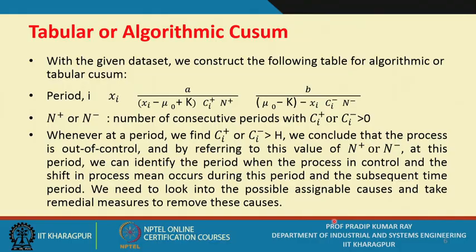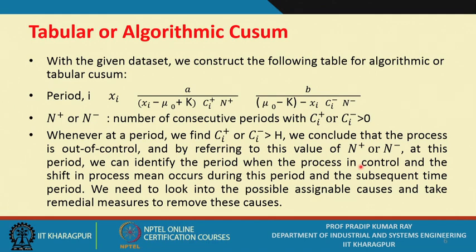So you need to identify that particular sample or time period where possibly the out of control condition has occurred, due to the existence of some assignable causes. By referring to this value of n plus or n minus, we can identify the period when the process went out of control. So this is the point to be noted. You have to identify it.